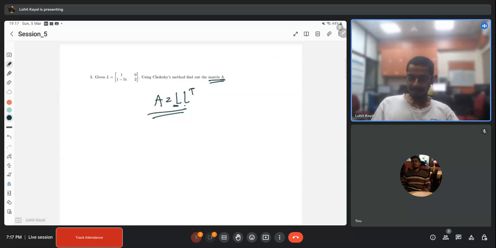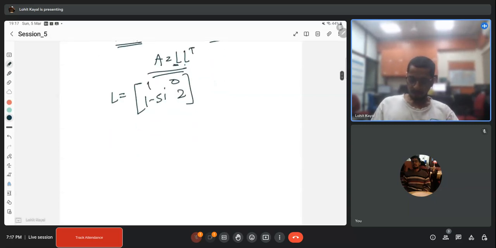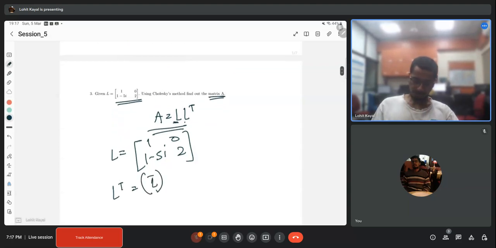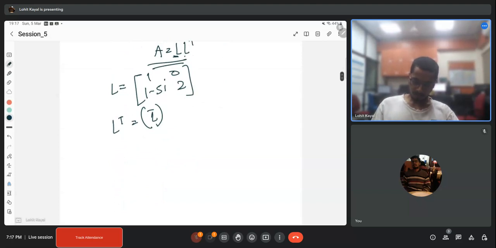Now remember that this is a complex matrix. Okay, this is not a real matrix. So L equals 1, 0, 1 minus 5i, 2. Now what will be the L transpose? L transpose will be L bar, the conjugate.